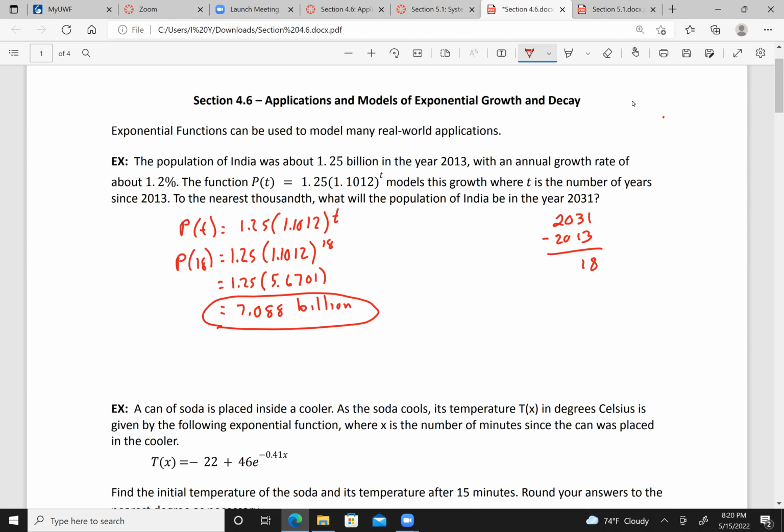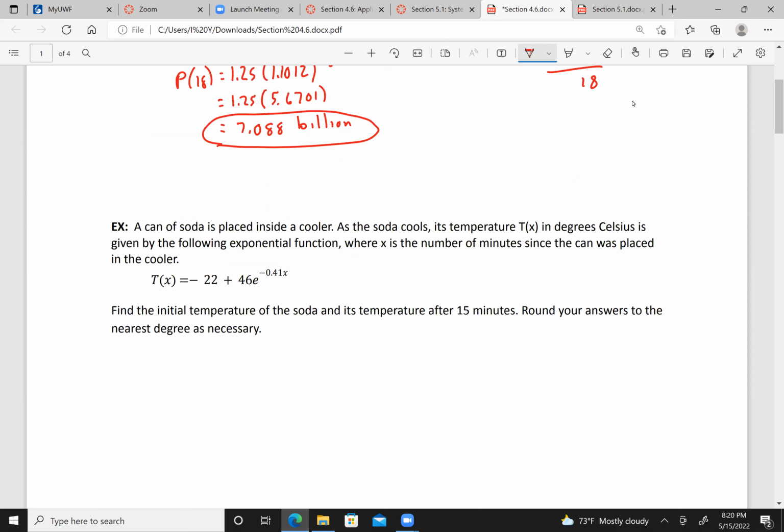A can of soda is placed inside a cooler. As the soda cools, its temperature, T of x in degrees Celsius, is given by the following exponential function, where x is the number of minutes since the can has been placed in the cooler.